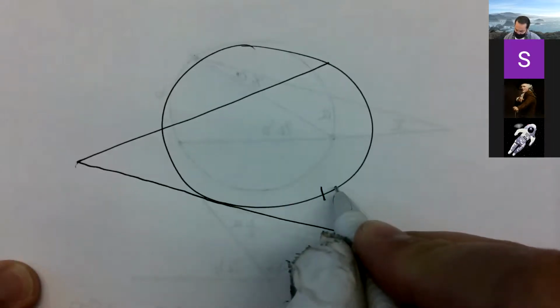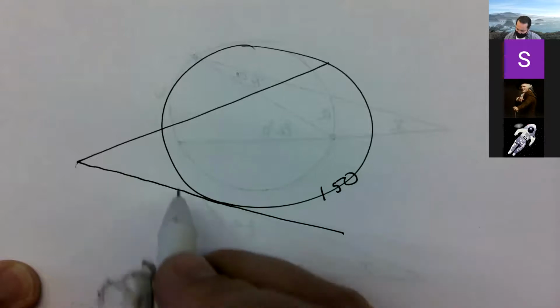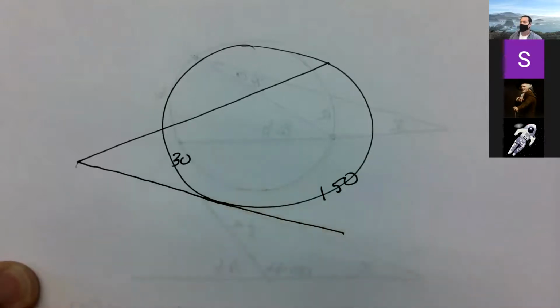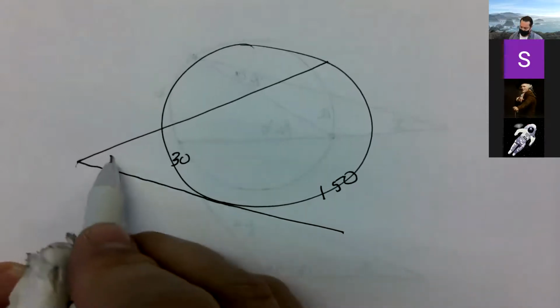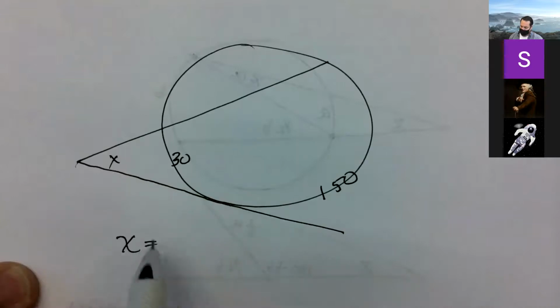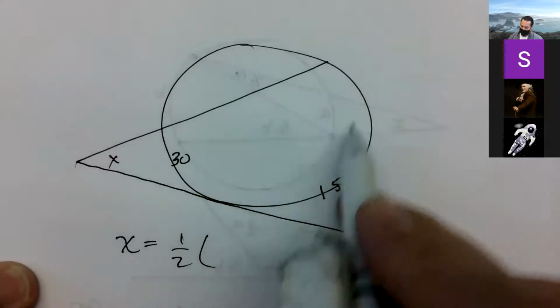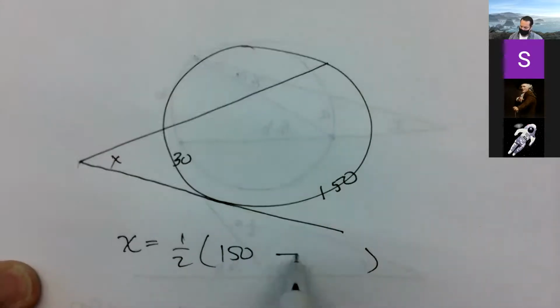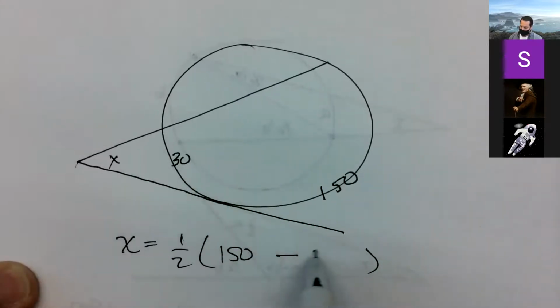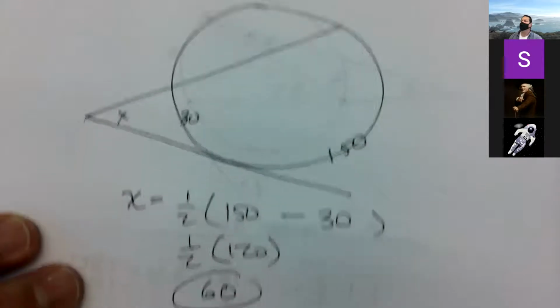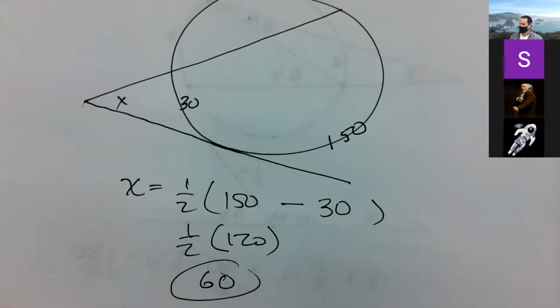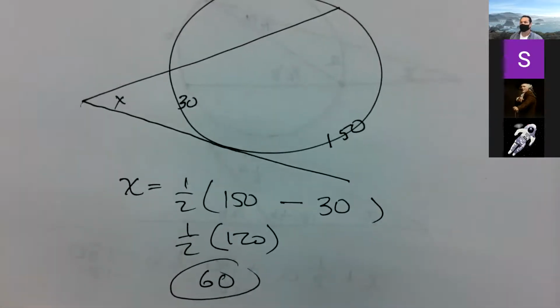So if this is like 150 now, and this is like 30, we can still just say that X equals 1/2 of the bigger arc minus the smaller arc. Pretty reasonable, right?